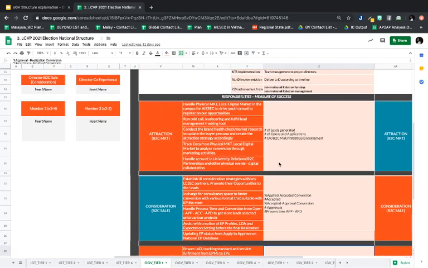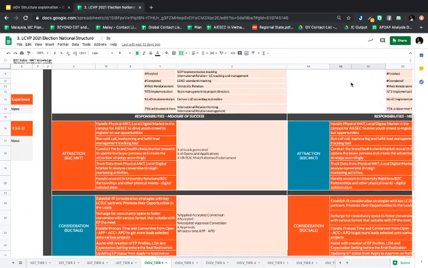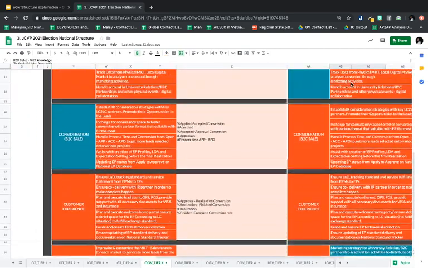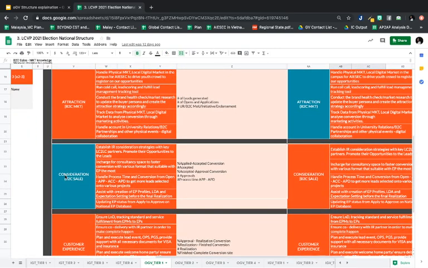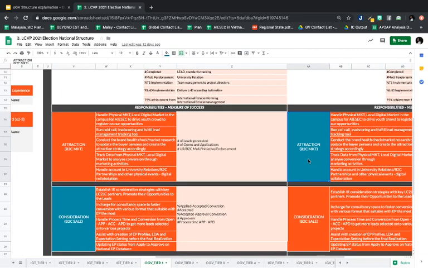So regarding these two, the developing market and the penetrating market, the JD is really the same, but regarding the focus, I will mention again: the developing market will focus more on B2C sales, and the penetrating market actually focuses on B2C marketing.